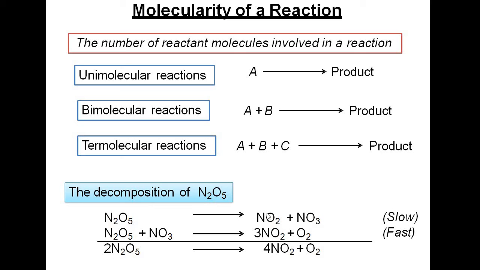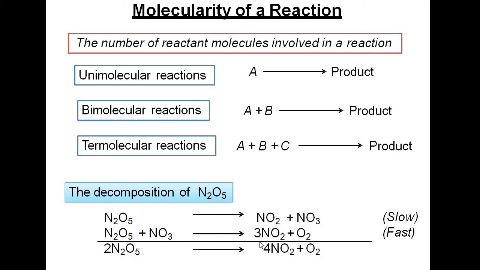Then, reactions take place in many steps, and the series of steps in which a reaction takes place is known as the mechanism of the reaction. For example, we have decomposition of N2O5. N2O5 upon decomposition gives NO2 plus NO3. It's a slow step.